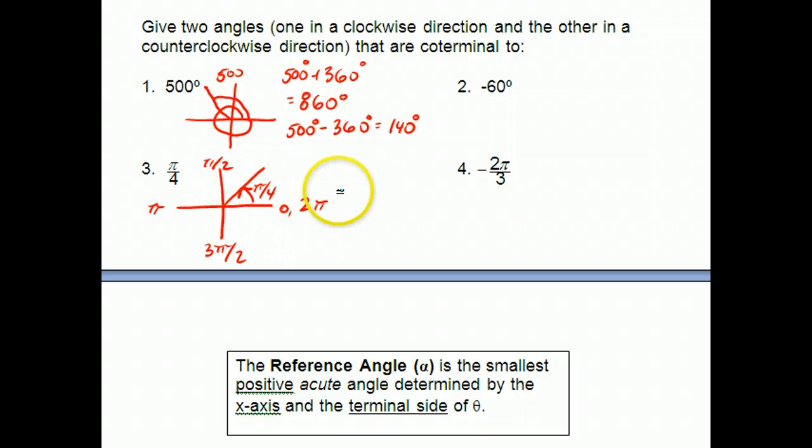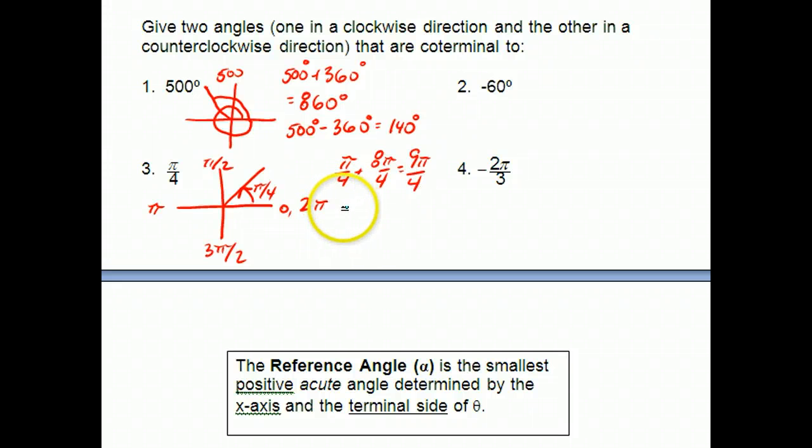And now what we want to do is we're going to add 2 pi if we go and find the coterminal arm in the counterclockwise direction. So pi over 4 plus 2 pi. Now 2 pi can be written the same as 8 pi over 4. Okay, so when I add those up, it looks like 9 pi over 4 would be coterminal.